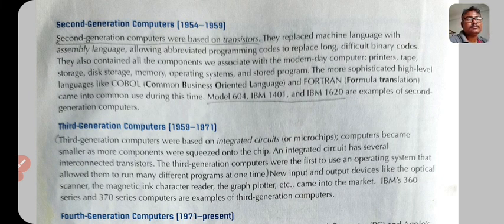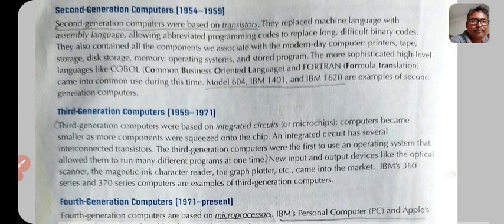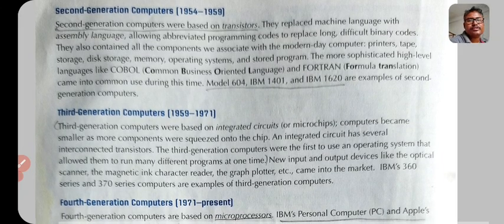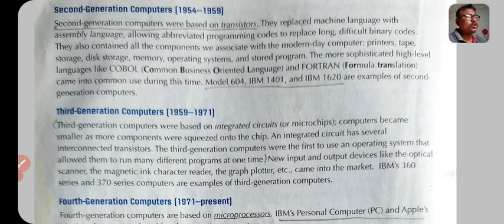They started working on programming, replacing long programs with abbreviated programming codes and making the difficult binary codes short. With high-level languages like COBOL and Formula Translation, they could program the transistor-based machines by typing.